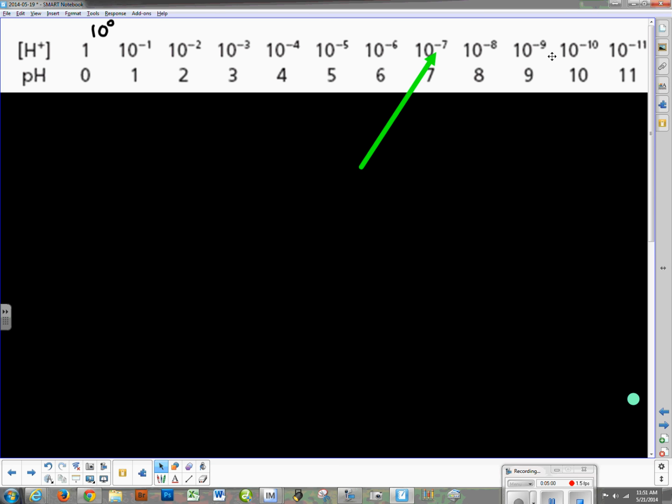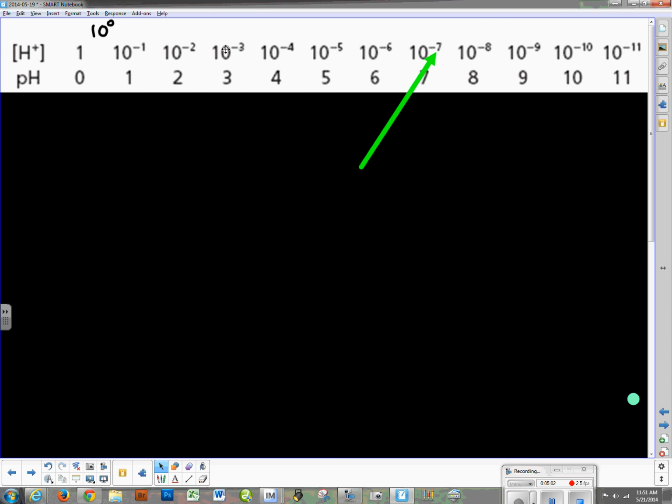So this is very easy to figure out, going back and forth from these numbers to these numbers. If you look at it, all you're doing is changing the sign on the exponent of 10, and then you bring it down as a whole number, and that becomes the pH.